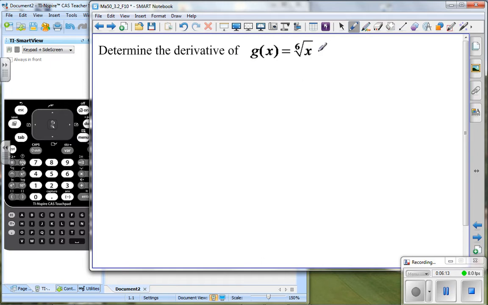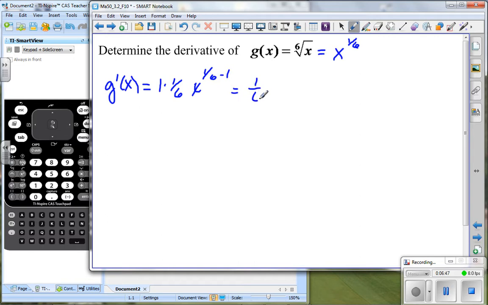Before I start though, I'm going to have to write the function g of x in a more usable way. And this is where all that work in Algebra 1 comes in, where we convert the radical into a fractional exponent. It's going to help us. So now if I want to find the derivative of g of x, my rule is that I take the leading coefficient, which is 1, even though it's not written here, times the exponent, and then I subtract 1 from the exponent.